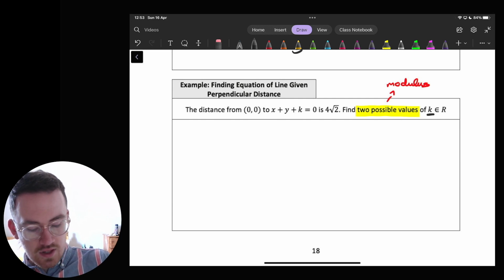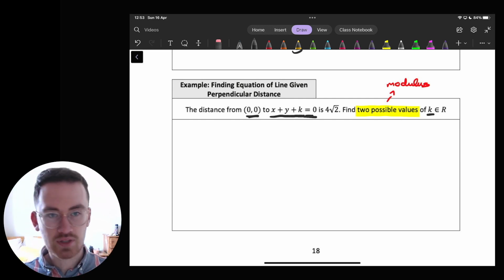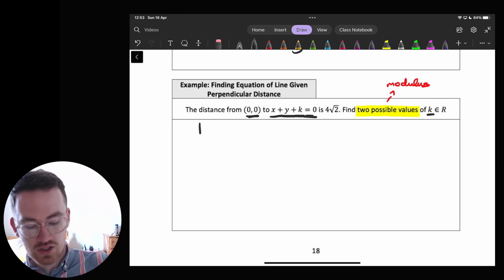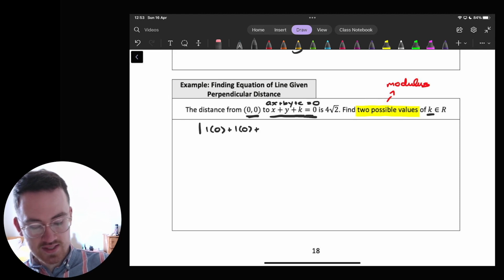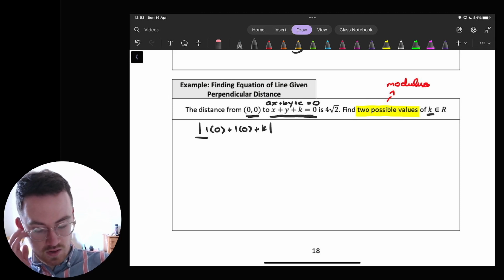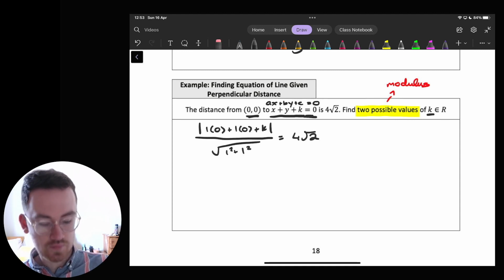So we're given a point, and we're given an equation of a line with a k that we don't know, but that's okay. We're just going to continue as if we do. Remember, it's ax plus by plus c equals 0. So a is 1, x1 is 0, b is 1, y1 is 0, c is k, all over the square root of a squared plus b squared, and the answer is 4 root 2.